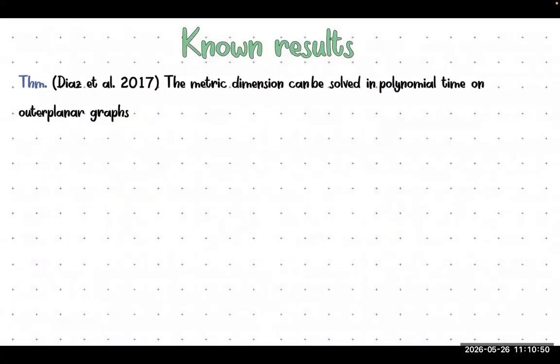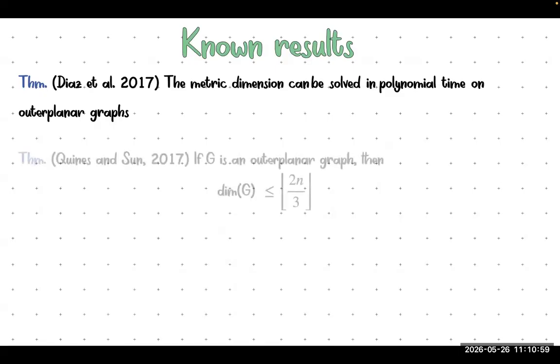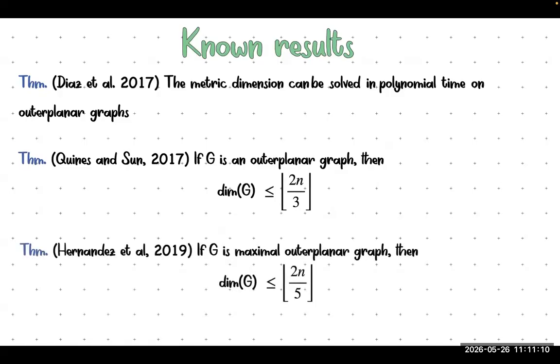So here are some known results. Diaz and friends in 2017 showed that the metric dimension can be solved in polynomial time for outerplanar graphs. Okay, and then Queens and Sun in 2017 also proved that the graphs are bounded above. They also showed that for maximal outerplanar graphs as well.